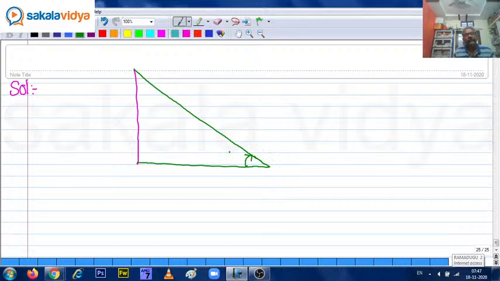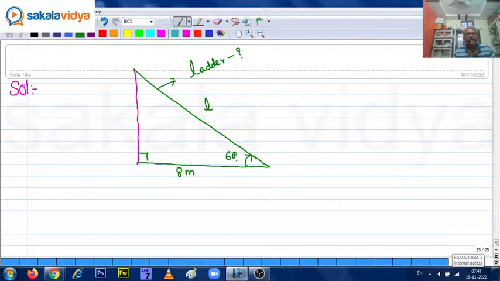The foot of the ladder is 8 meters away from the wall. The length of the ladder we need to find, say L.